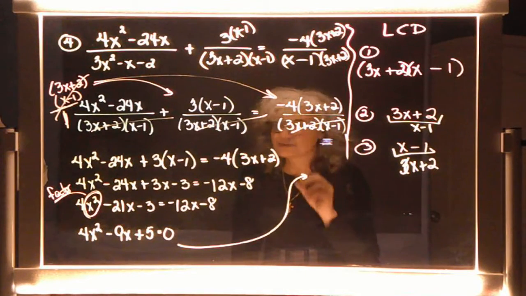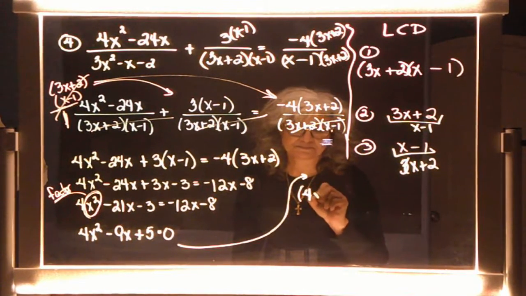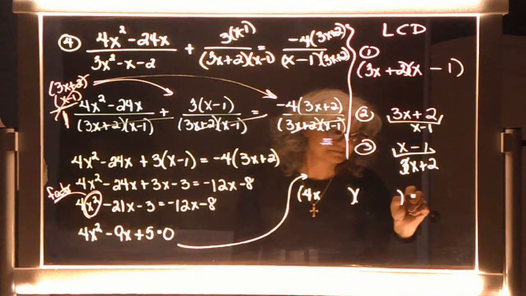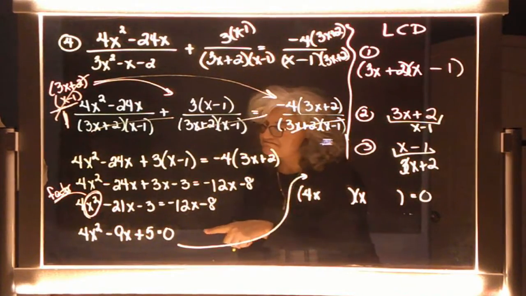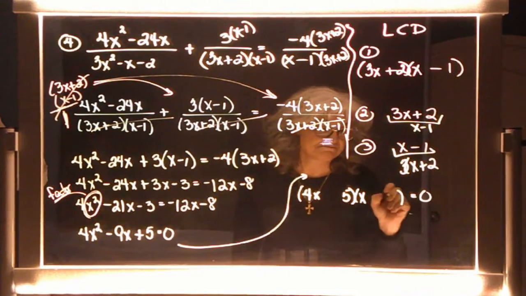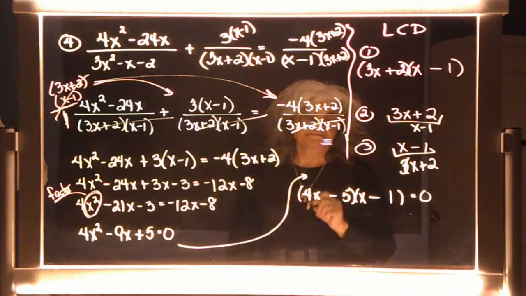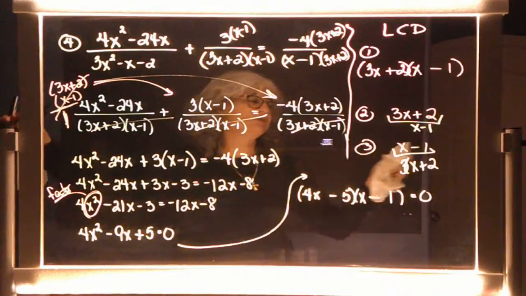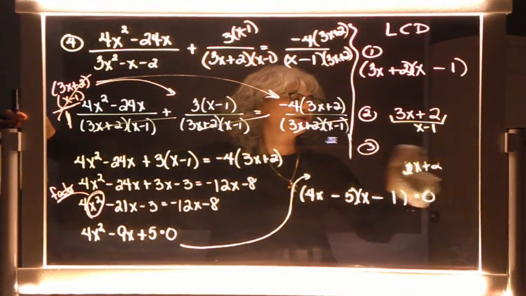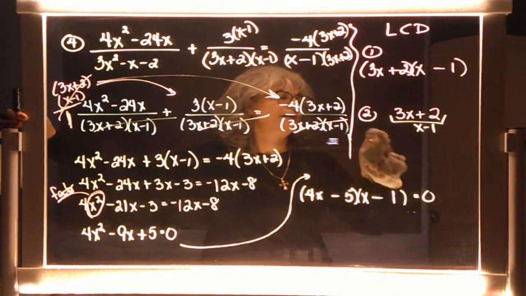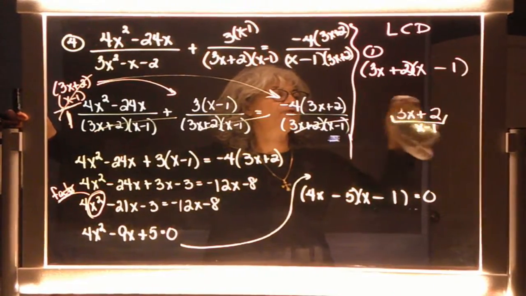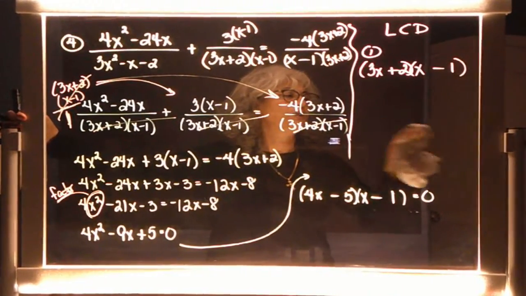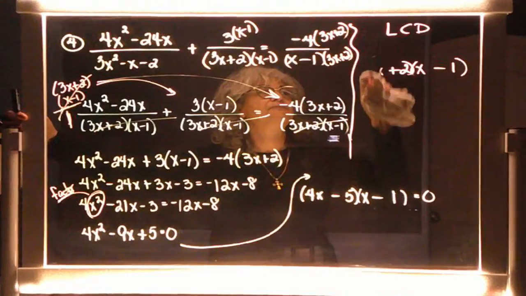Okay, this is what I got when I factored it. Did you get the same thing? I hope so. Okay, so then remind yourself, after we factor, what do we do next?